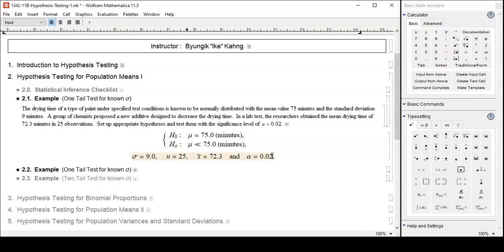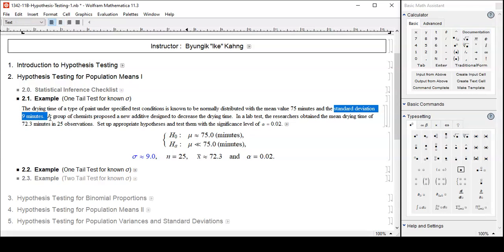What is not that simple is to find out whether this 9.0 is a population standard deviation or a sample standard deviation. I think I used blue for population standard deviation before, so let's stick to that.